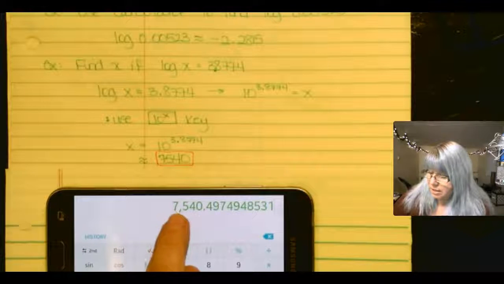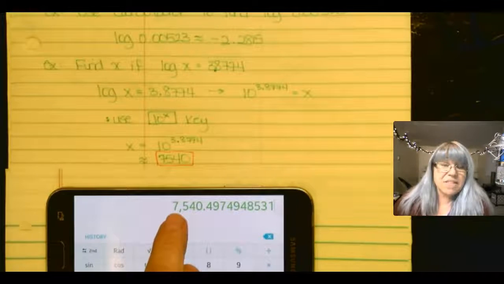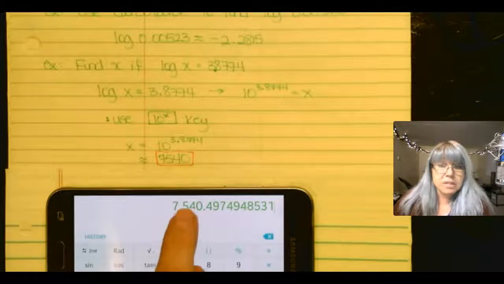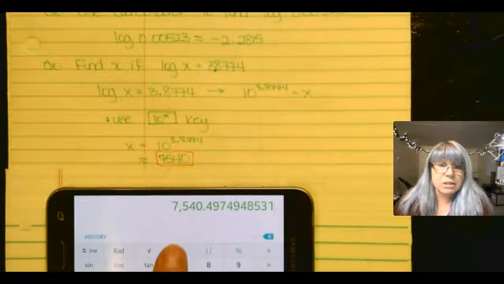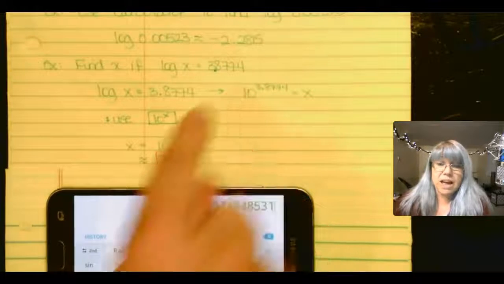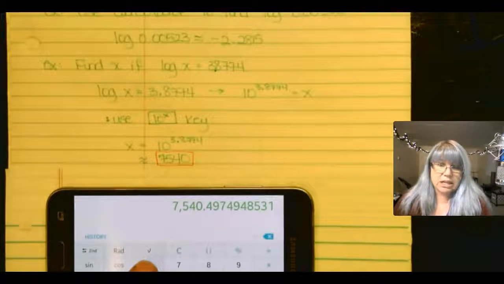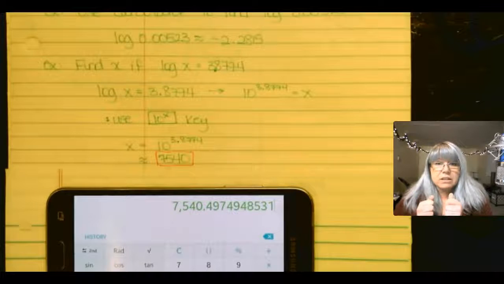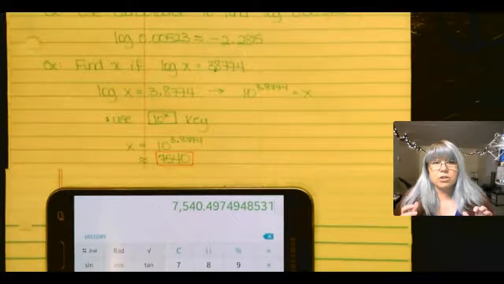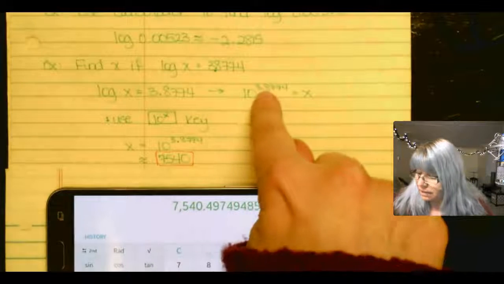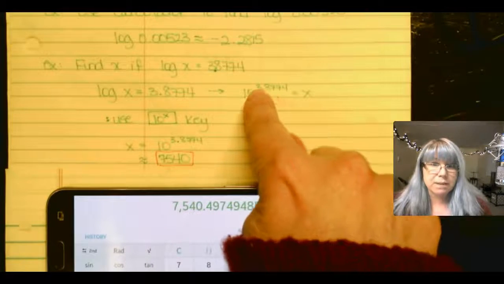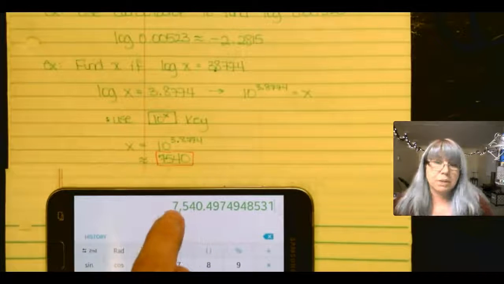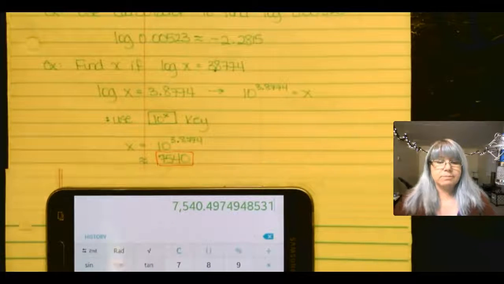So 7,540 is in the 1,000 range. If that characteristic was a 4, it's going to be in the 10,000 range. If that characteristic was a 5, 100,000 range. So you can get a feel as to what your answer should be by looking at the characteristic. And that mantissa, like an 8, is really close to bumping that up to a 4, so that was going to be a pretty big number that I came up with.